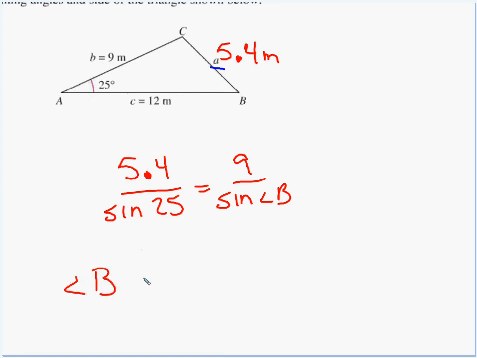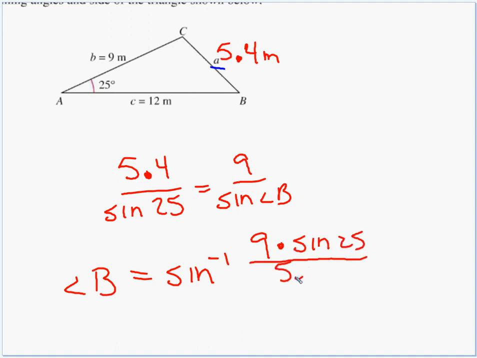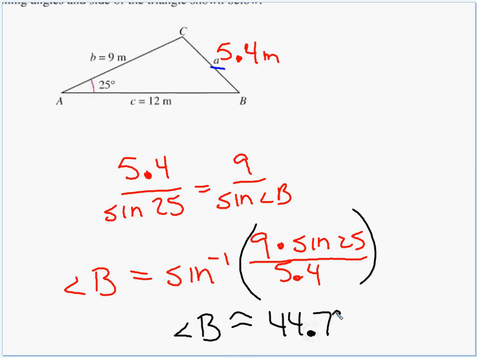If we do all the algebra, we're going to get angle B is equal to the sine inverse of 9 times sine 25 divided by 5.4. So we would punch in the stuff here in the parenthesis, get our decimal, sine inverse that, and we're going to get B, angle B, is approximately 44.7 degrees. So angle B, 44.7.